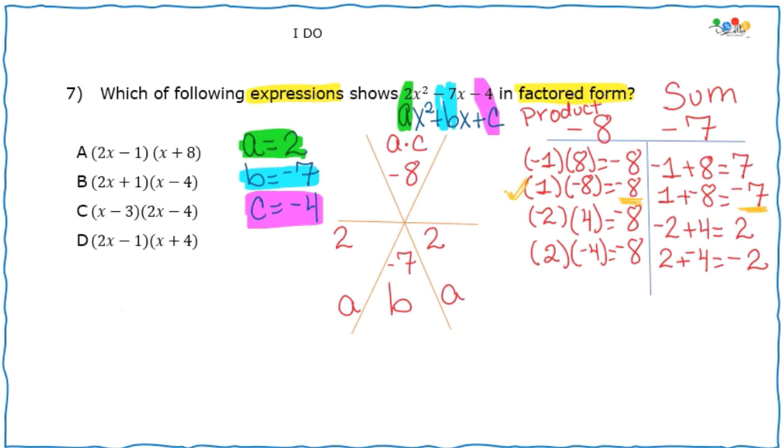So I confirm that my two factors will be right here. Yes, a positive 1 and a negative 8. So let's write down my factors, right? So my first one, I'm going to put it on the left side, and negative 8 goes on the right.